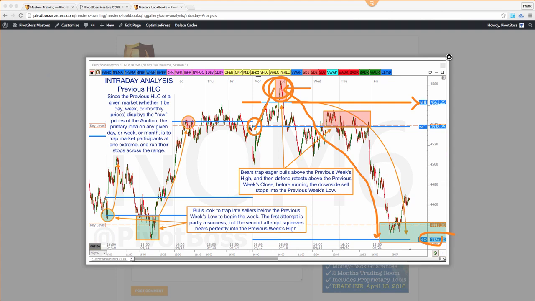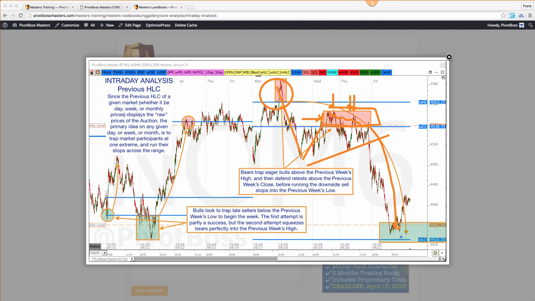That's the idea, right? And in this case, they successfully trapped, price dropped down, and then all rotations over the next several days off of the previous week's close and just above were defended and defended and defended, and that was absorption until finally the stops came out and price dropped into the target.